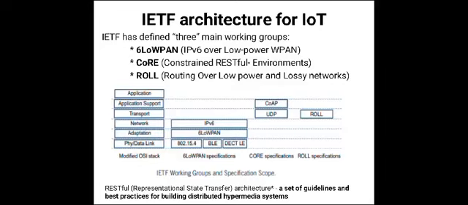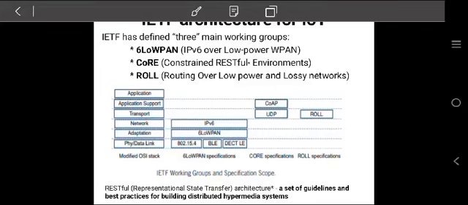Then next is IPv6 over low power WPAN. Here it consists of multiple protocols, that is IPv6, 6LoWPAN, that is IPv6 over low power WPAN, and 802.15.4 and BLE and DECT-LE. So these are all the protocols which come under the WPAN specification.